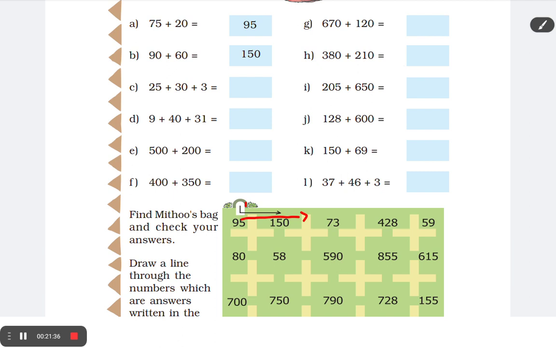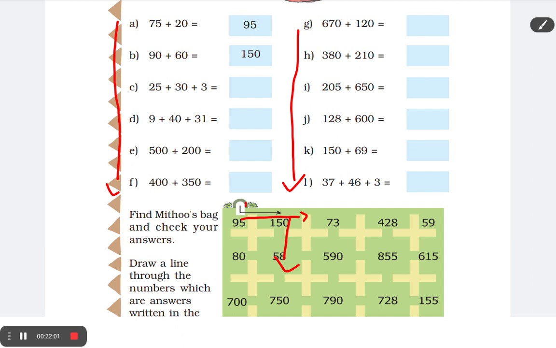Where is that 58? You have to check. In that way, you should draw a line for all the answers in this order only: A, B, C, D, E, F, G, H. First you find answers for all these questions, and according to the answers you should draw a line.